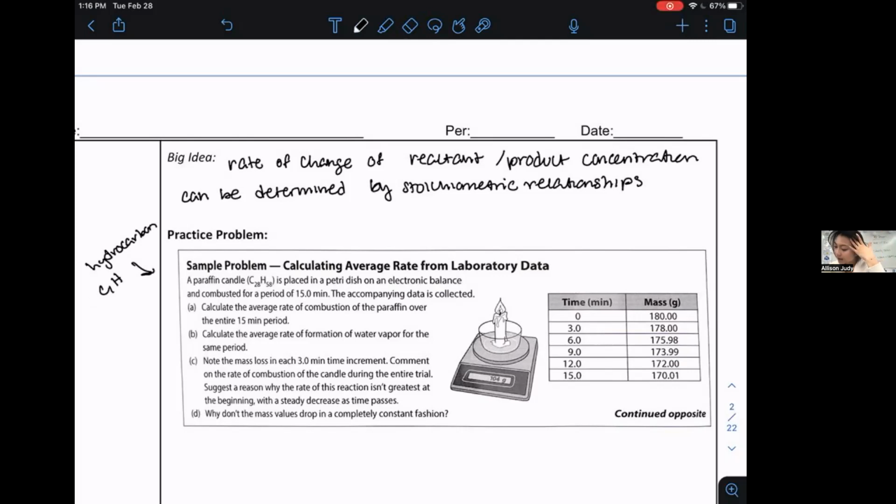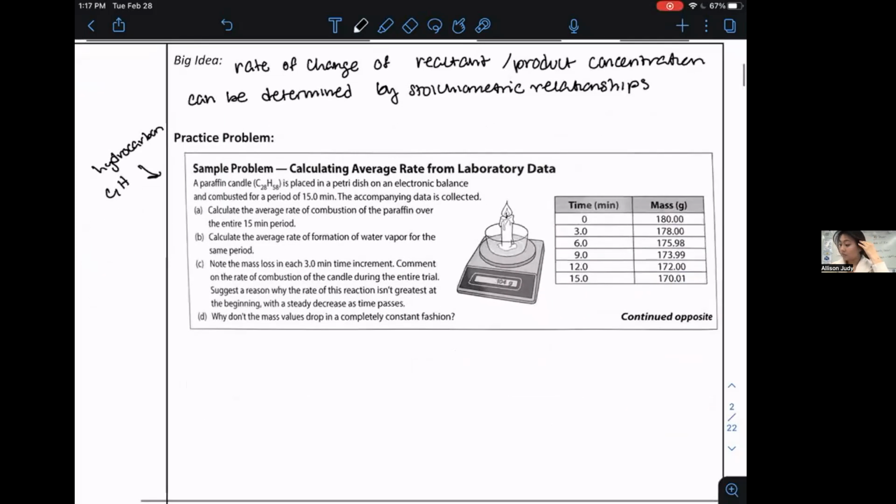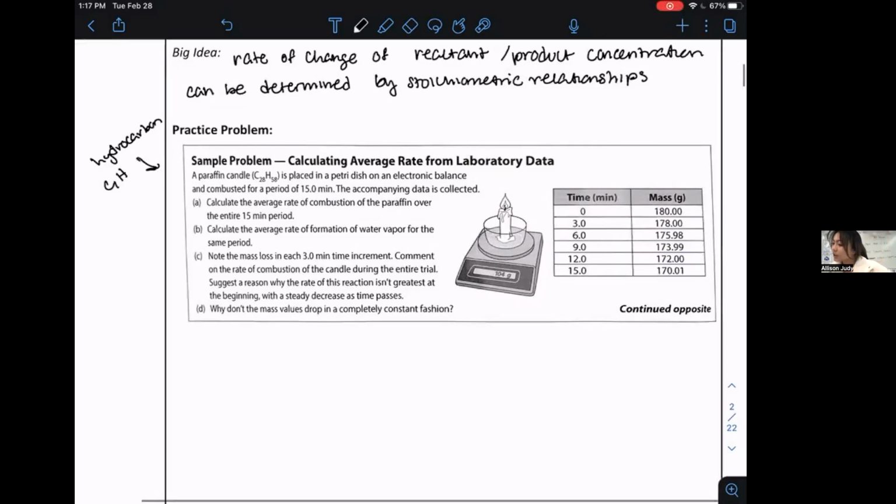A, calculate the average rate of combustion of the paraffin over the entire 15 minutes. So first and foremost, if you're given data, you're going to be asked to use it. If you're given a data table on the AP question, don't stray very far from the data table. The information they want you to pull is on there. So over the 15 minutes, find your average.